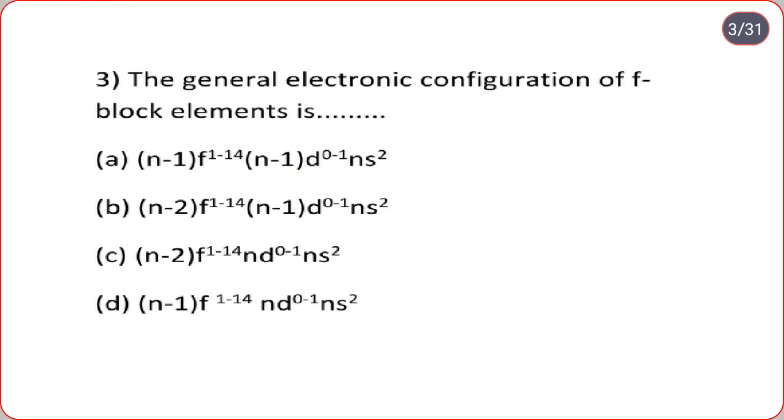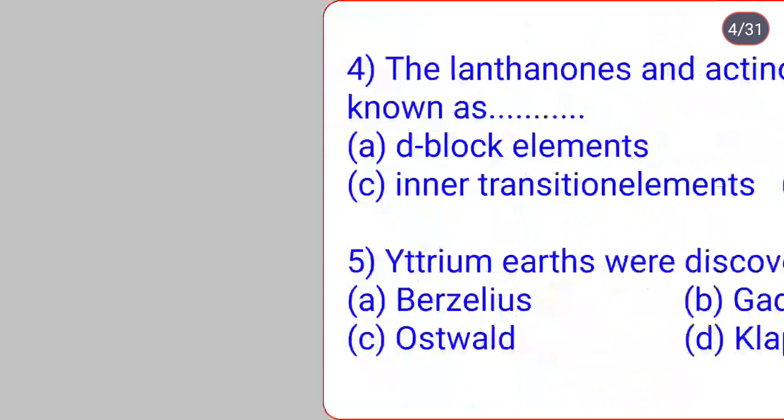The general electronic configuration of F block elements is, different options are given. From that, the correct option is B, that is (n minus 2) f 1 to 14, (n minus 1) d 0 to 1, ns 2. This is the general electronic configuration of F block elements.